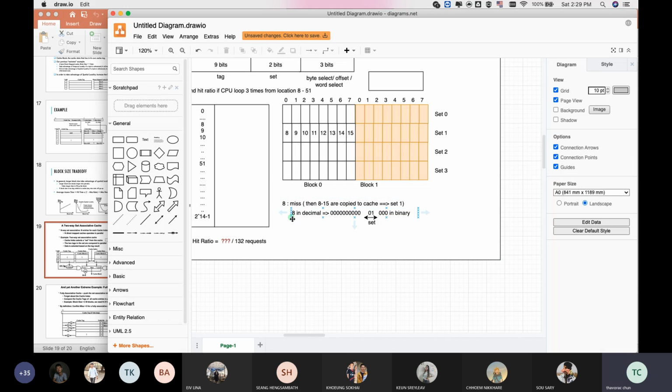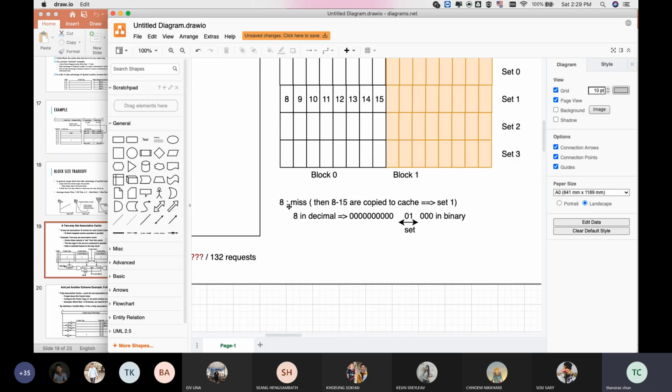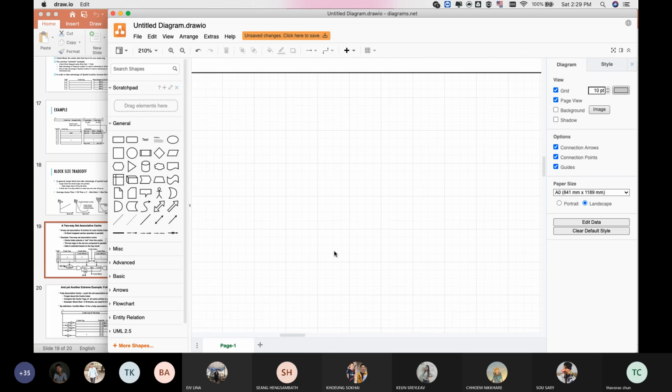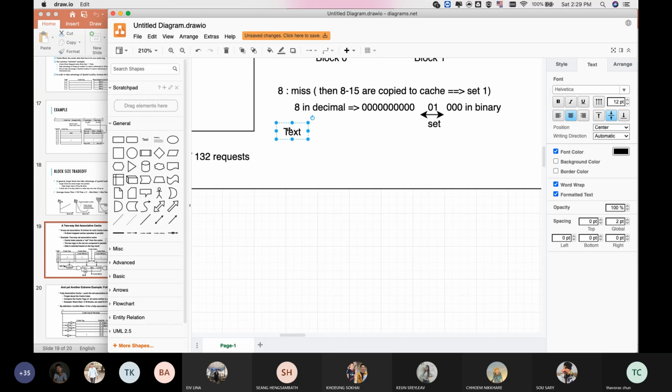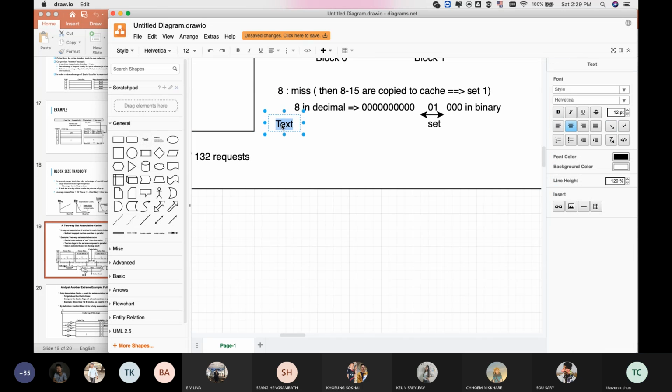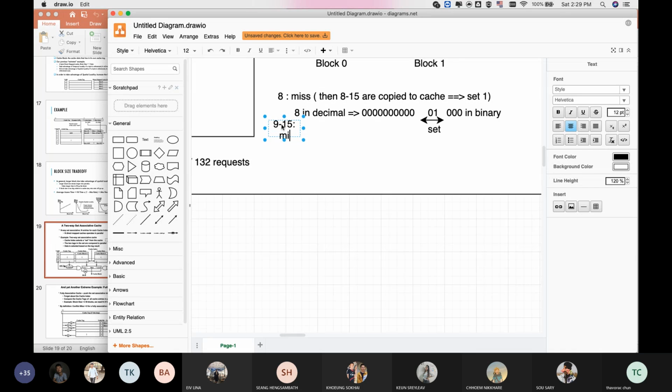Okay, so the address number 8 is missed. We cannot find it. But if we access the next address, which is number 9 to number 15, it could be hit, right?